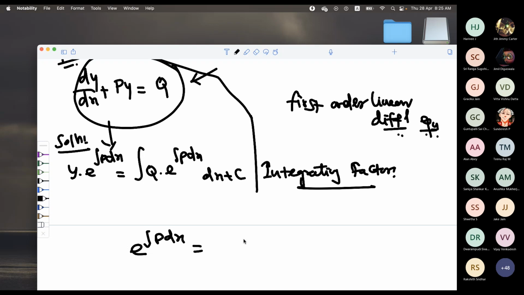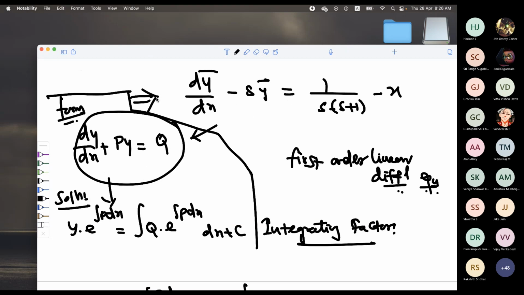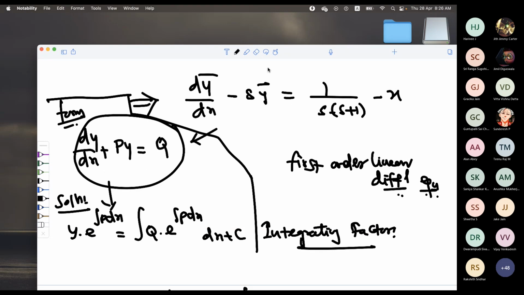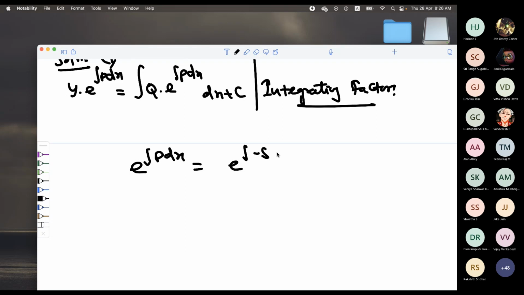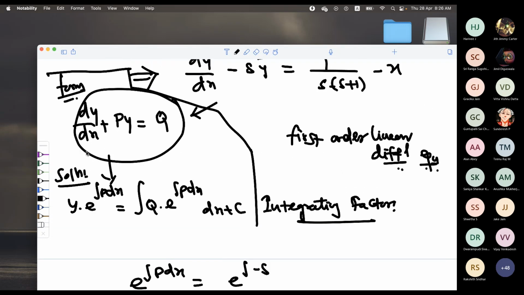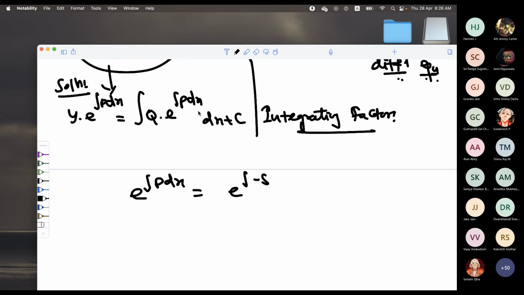This is nothing but e raised to the power integral of p dx. What is my p? Just compare the two things. p is minus s, right? Yes, sir. Minus s, and the variable is x. So e raised to the power integral of minus s dx is e raised to the power minus sx.